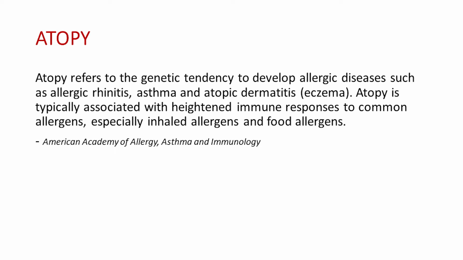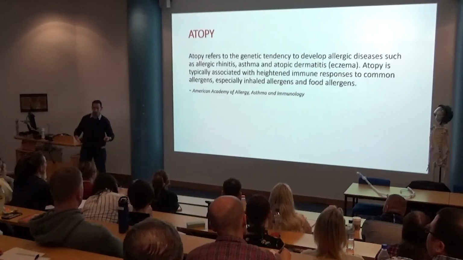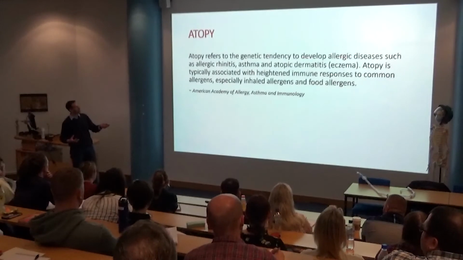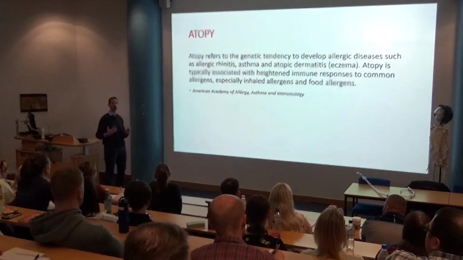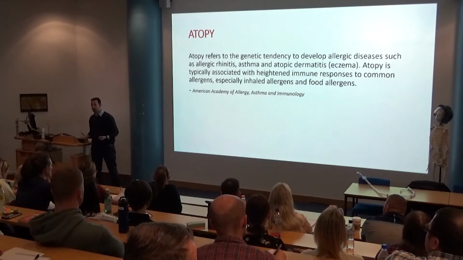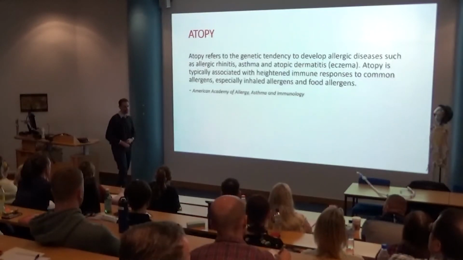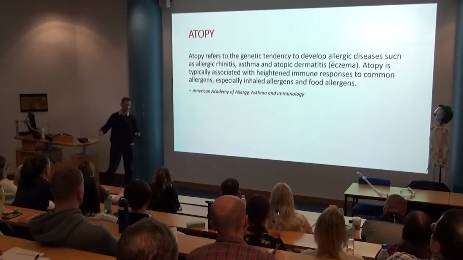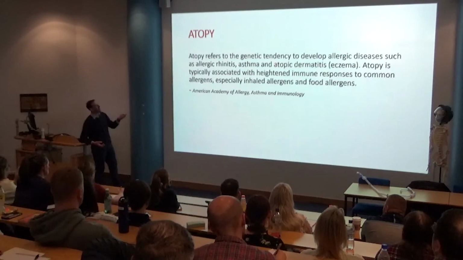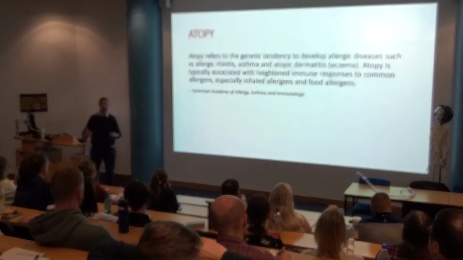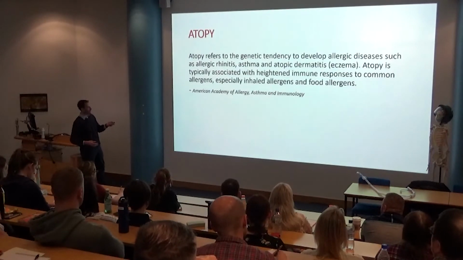The result of this genetic combination is that you end up with a heightened immune response to common allergens, something that otherwise shouldn't almost kill you. So things like pollen, certain smoke and things like that. You end up with a heightened response to these otherwise common allergens that should not be so bad.